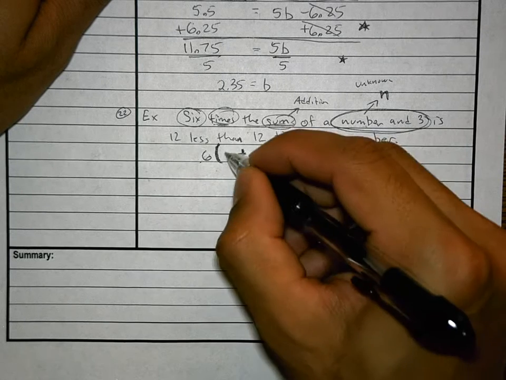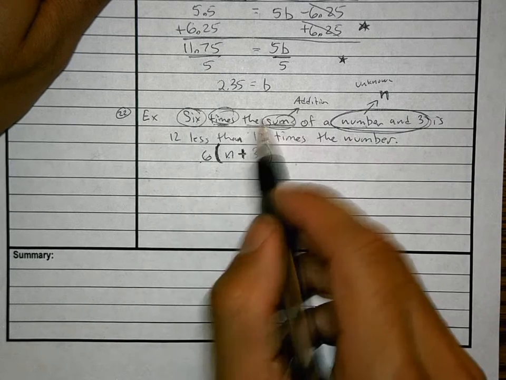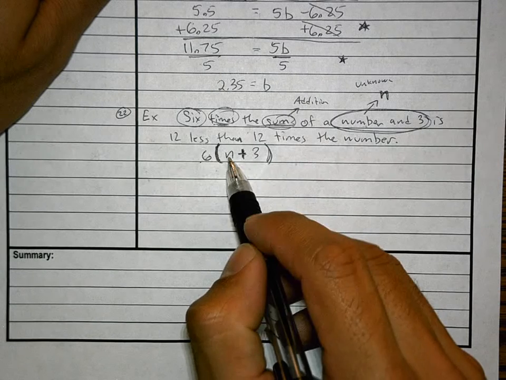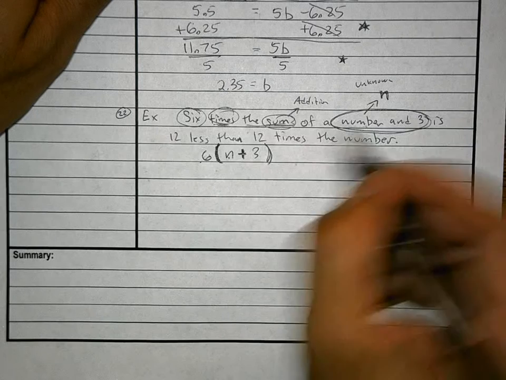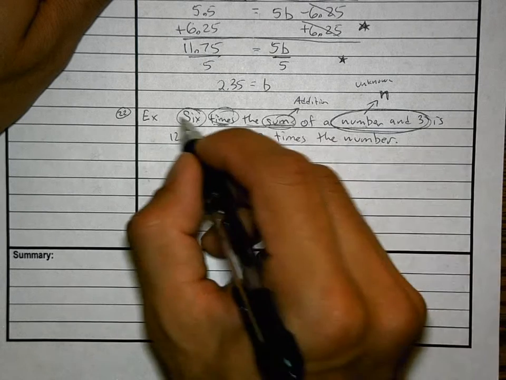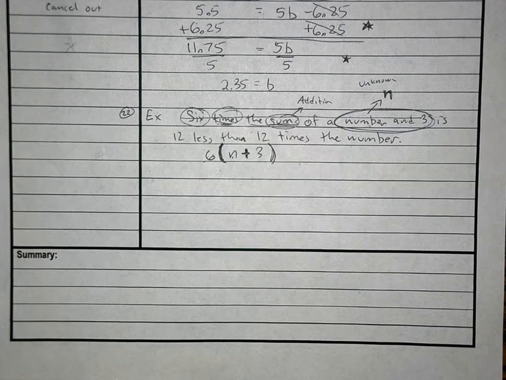A number and 3. 6 times the sum of a number and 3. That's a long thing, so I'm going to cross all this off. I've done all the part right there. 6 times the quantity of n plus 3. That's what I just did.